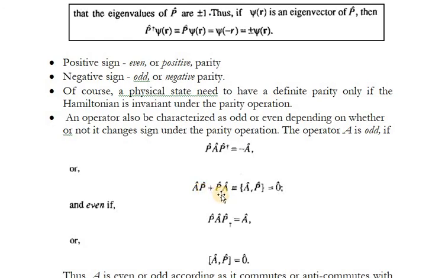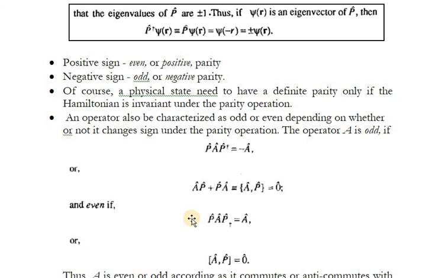We operate P on the right side, so P dagger P equals 1. Operating P on the right side of both expressions, we get P A P dagger P equals minus A P, P dagger P equals 1, so P A equals minus A P. Bringing it to the left side, we can write A P plus P A, that is the anti-commutator, equals 0.